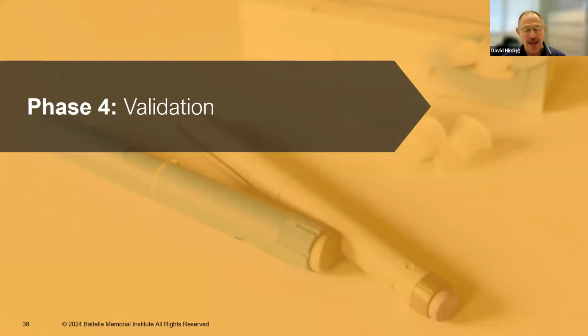Now, the guidance provides basically one option, in 2019, I'm sorry, in 2017: the comparative use human factors study.